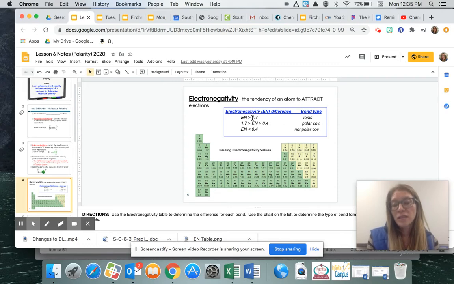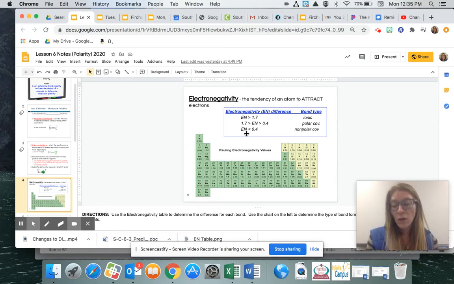If the electronegativity difference is greater than 1.7, the bond would be ionic, which would generally mean a metal and a nonmetal. If the electronegativity difference is between 1.7 and 0.4, that will represent a polar covalent bond. And if the electronegativity difference is less than 0.4, that would represent a nonpolar bond.